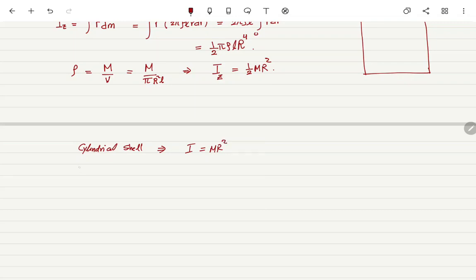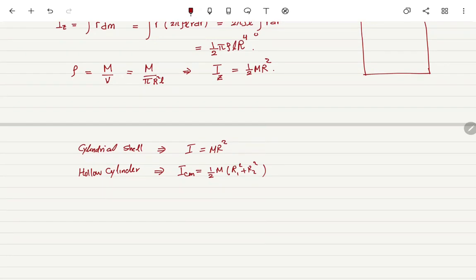For a hollow cylinder, the moment of inertia about its center is equal to half m (r1 square plus r2 square).